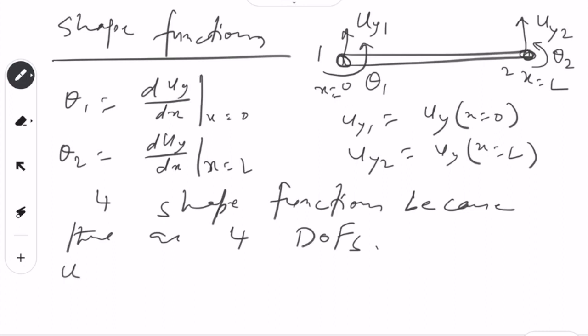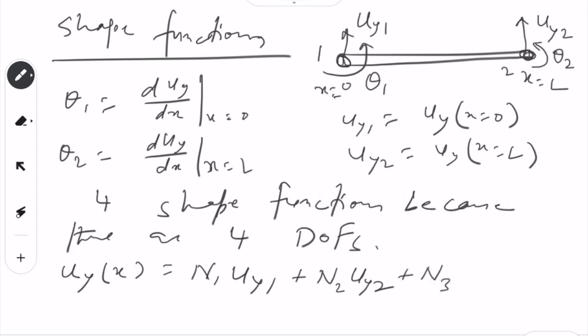We will write u, for example uy as a function of x, as n1 uy1 plus n2 uy2 plus n3 theta 1 plus n4 theta 2.